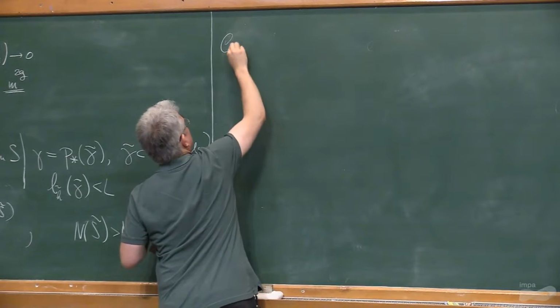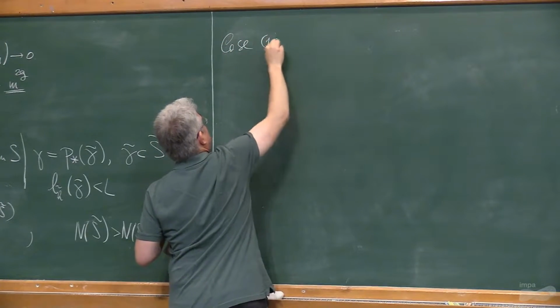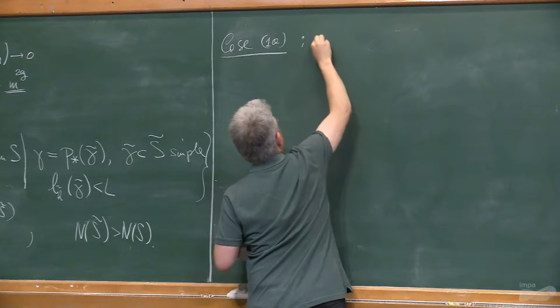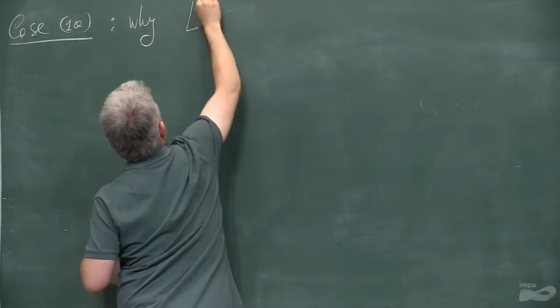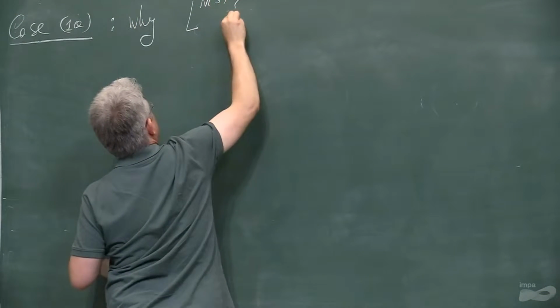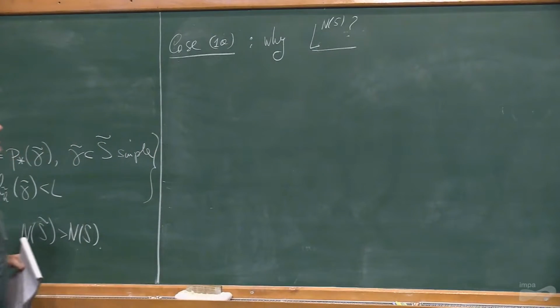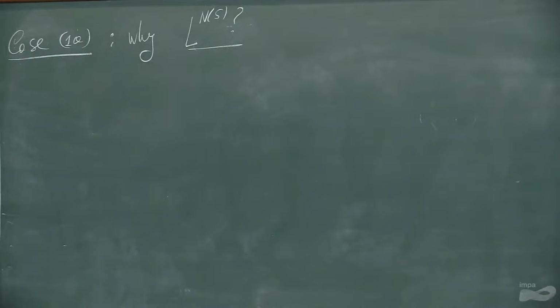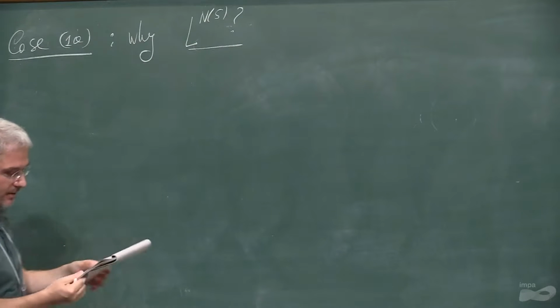So the problem 1a, why we get this type of asymptotics. It is kind of an informal, more or less sketchy argument for these asymptotics.